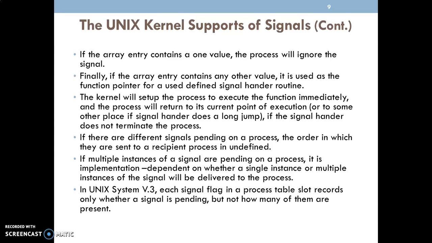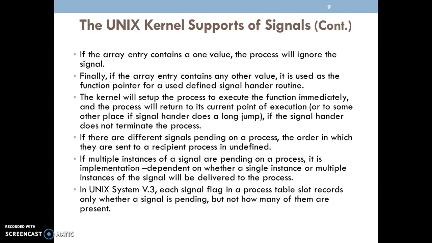If multiple instances of a signal are pending on a process, it depends on whether a single instance or multiple instances of the signal will be delivered to the process. Usually the same signal repeatedly arrives at the recipient process.